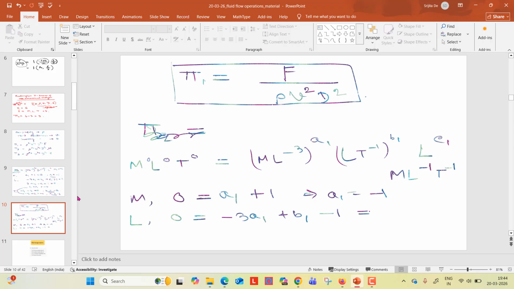So I know the value of a1, so -3 into -1, it will be 3 plus b1 -1 equals to 0. That means b1 will be -2, right?